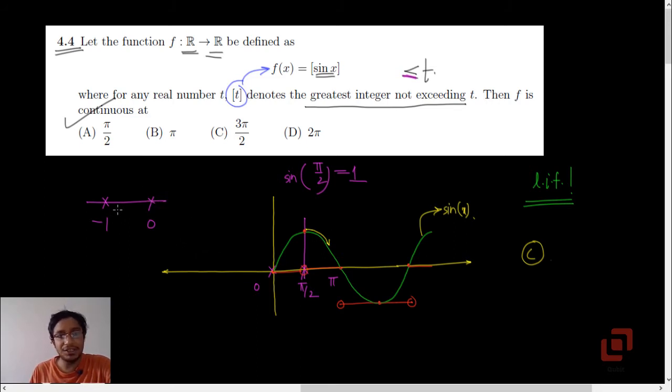So the greatest integer function of sine x between -1 and 0 will be -1. Yes, but you have to exceed pi because sine pi is 0.